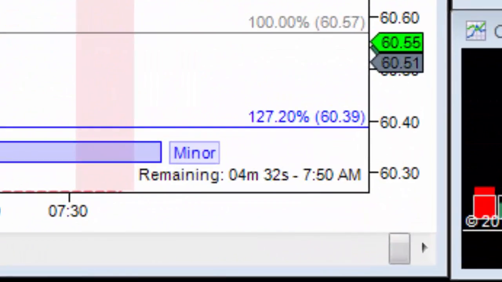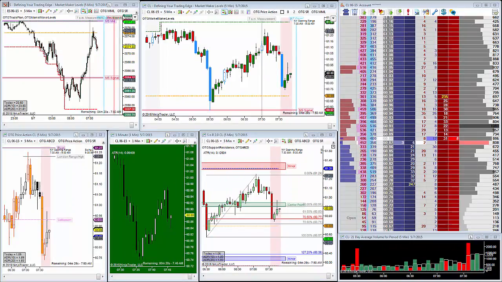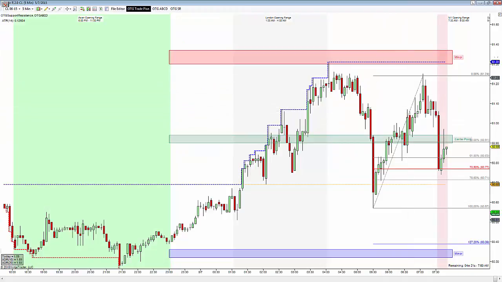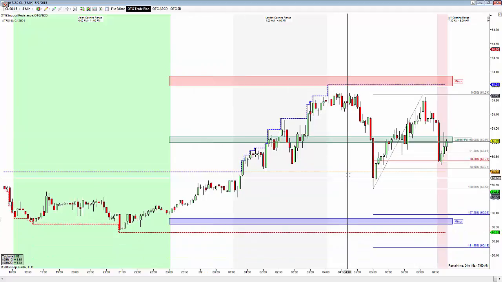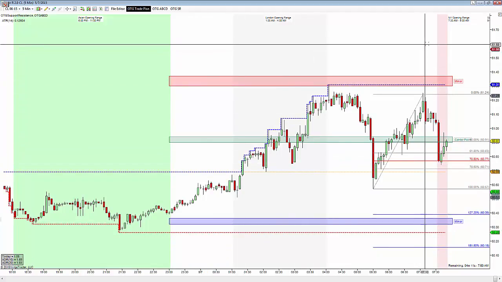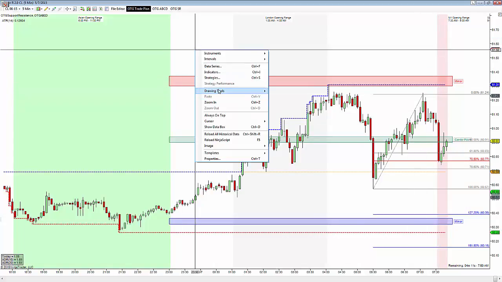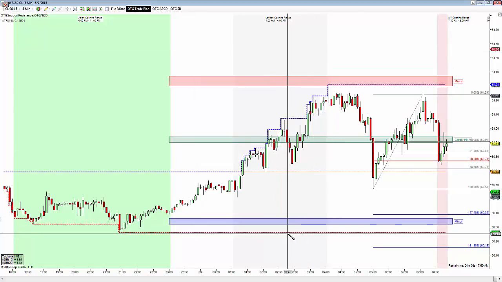All right, very good. It's good to see everybody in here today. Let's talk a little bit about what we've seen so far today. One of the favorite ideas, and this is one of the things we talk about in here: when you have this time frame between the London opening range and the New York opening range, you generally have a daily high to daily low, or vice versa.